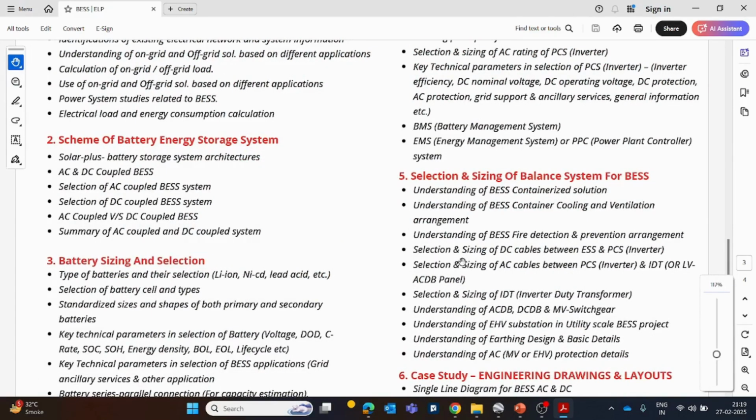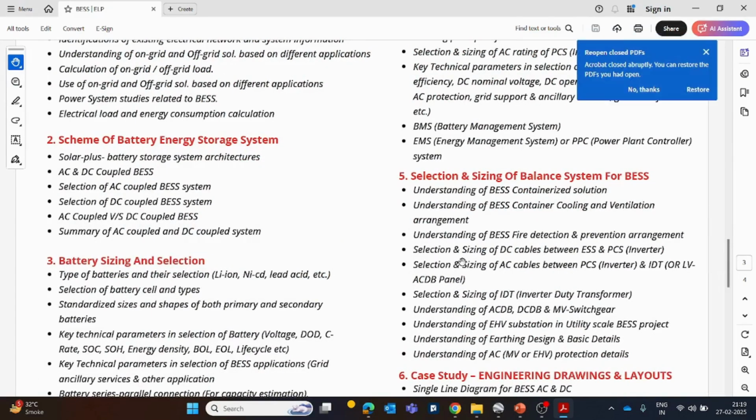So we had reached chapter 5 this week. Till yesterday, we had almost covered up till DC AC cable sizing. I hope you must have got a chance to go through the cable sizing part also. I had already shared chapter 5 in the group.